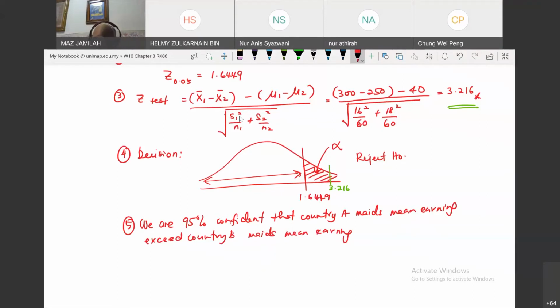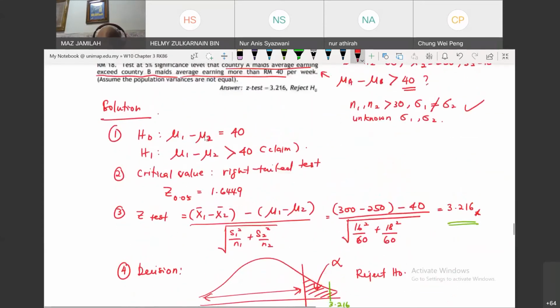No, we have to say sufficient or insufficient, right? Now the claim is the alternative, and we reject the null hypothesis.